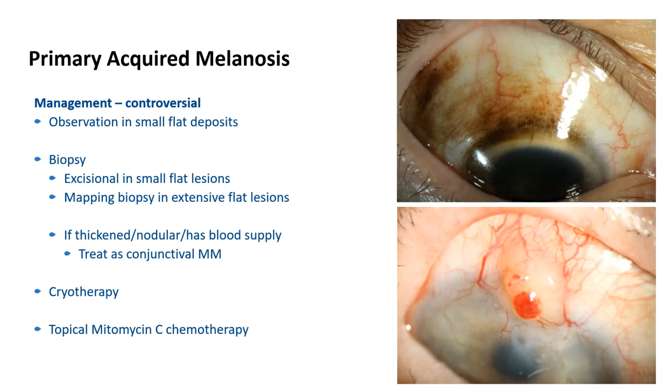But as a rule, any part that looks thickened, lumpy, or has feeder vessels, I treat as a potential melanoma and would definitely remove it. We usually combine surgery with cryotherapy, which is freezing treatment to reduce the risk of local recurrence, and sometimes with topical mitomycin C chemotherapy, which is given as an eye drop.